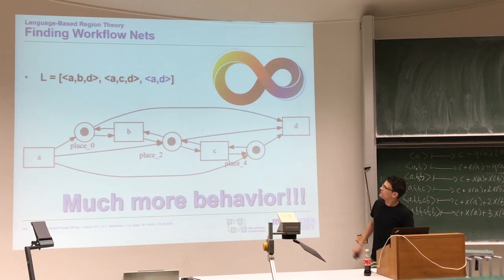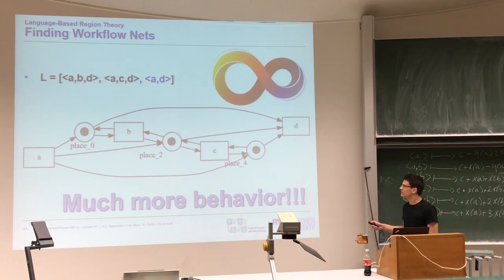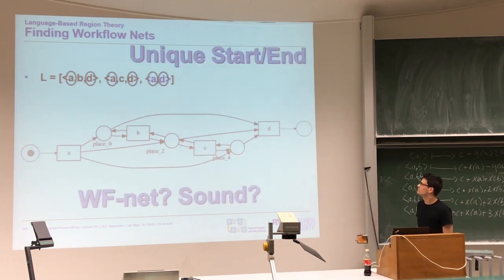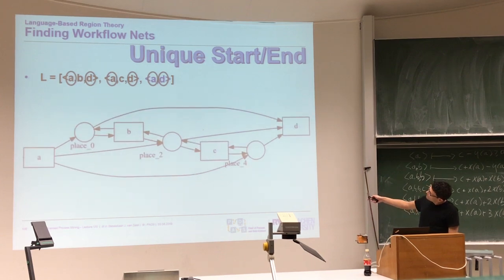Now, one trivial fix that we can apply to kind of limit this infinite behavior to some degree is to add unique starts and ends. Oh, actually, that's not to limit the infinite behavior.